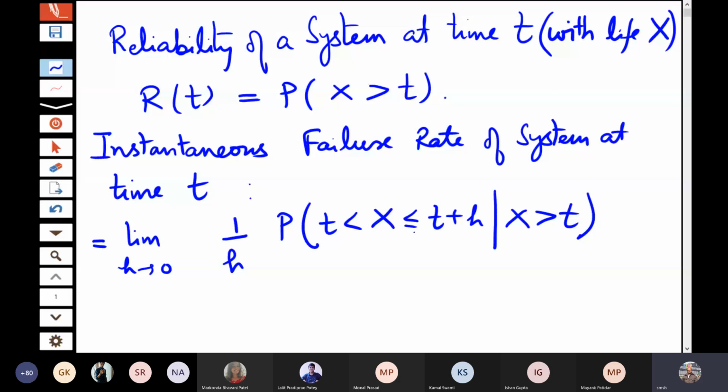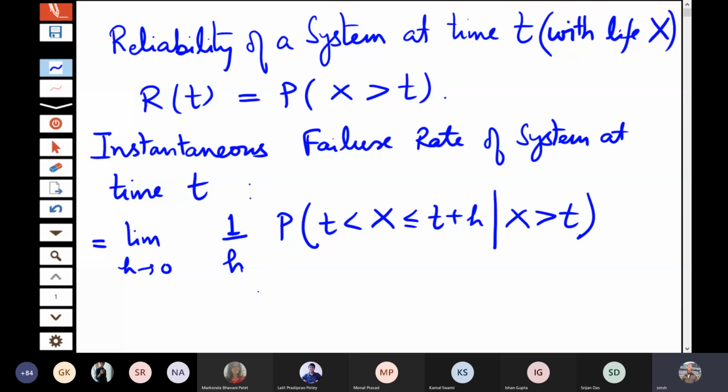It means that we are considering failure just after time t, and to calculate the rate we divide by the length of the interval and take the limit as h tends to 0. Is this definition clear? Yes, sir.